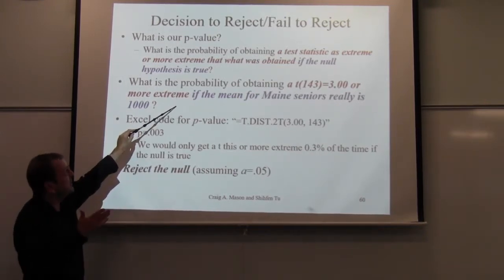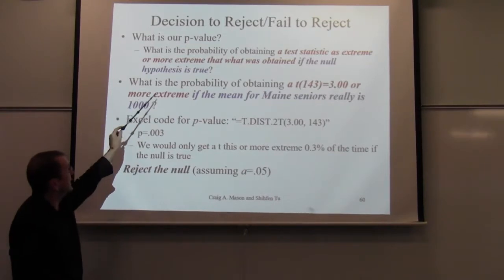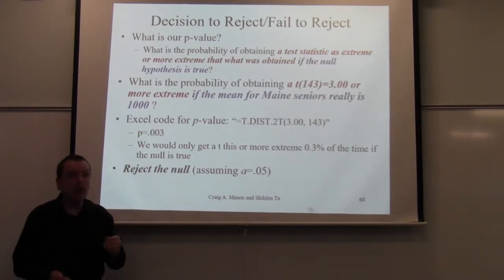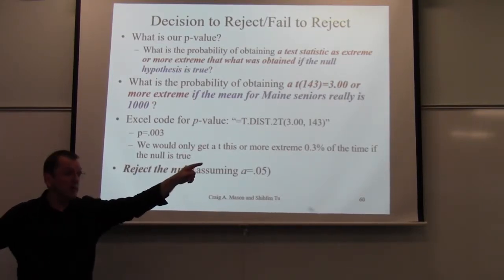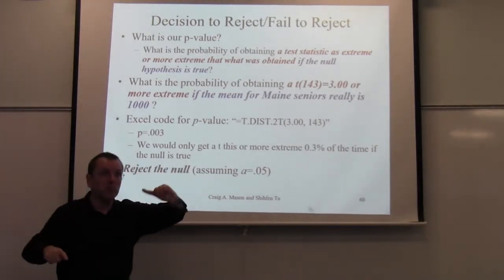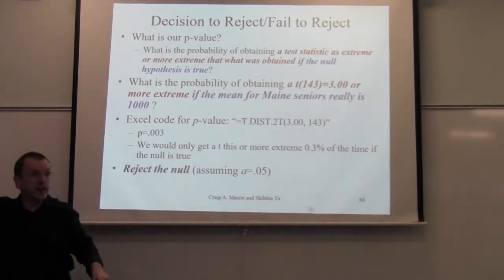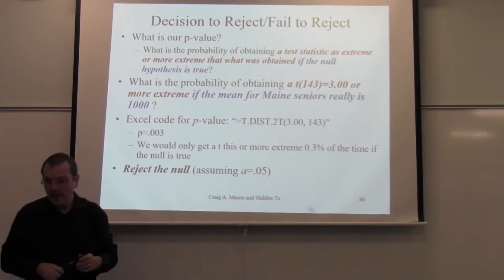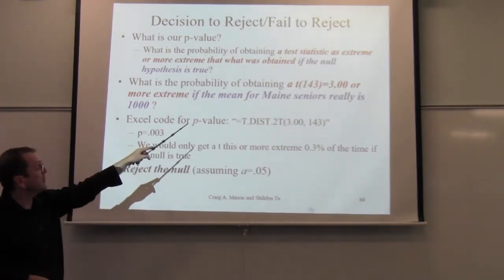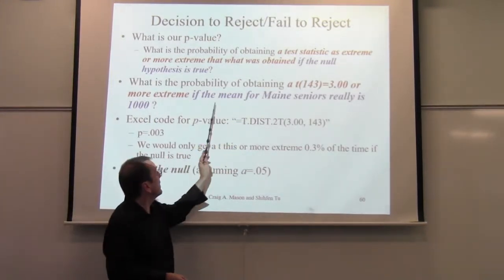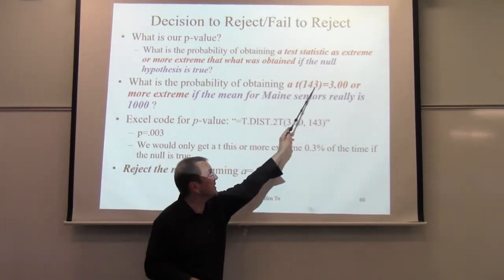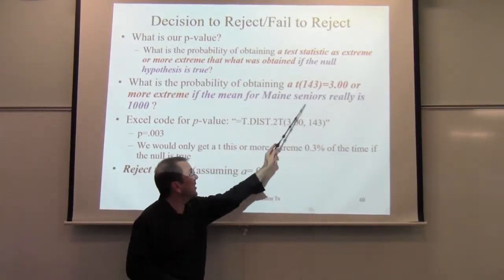In practical terms, for our question, it's the probability of obtaining a t with 143 degrees of freedom, a t-score of 3.00 or more, positive or negative, more than 3 or smaller than negative 3, if the mean for Maine seniors really is only 1,000. So there's my test statistic, and here is if the null is true.